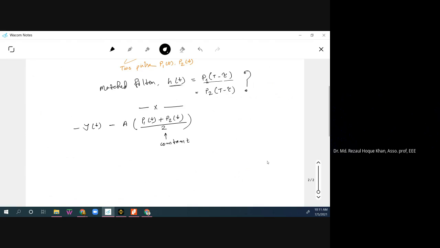Let's give the result a name, y tilde. Instead of y, we have a new signal y tilde, where we subtract a constant amount from y(t). We can always do that. There is no difficulty in dealing with a constant, because it is not a variable.